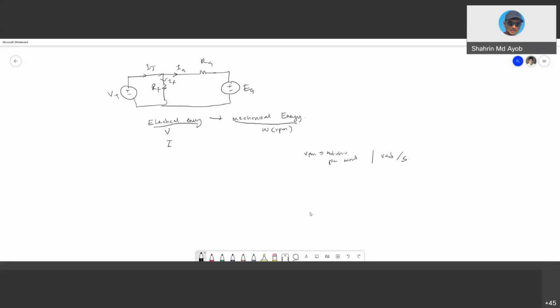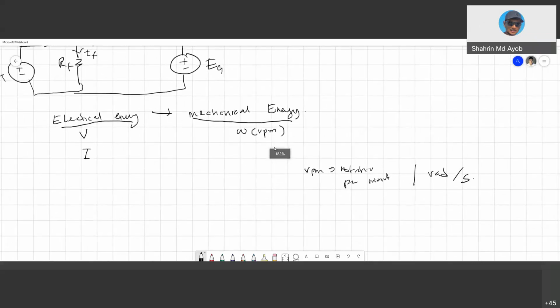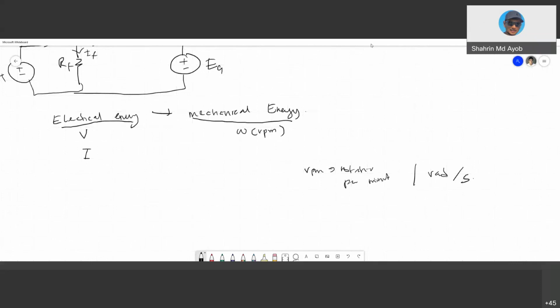And the second parameter for the mechanical is torque, in Newton meter. And there is another one, which is position.